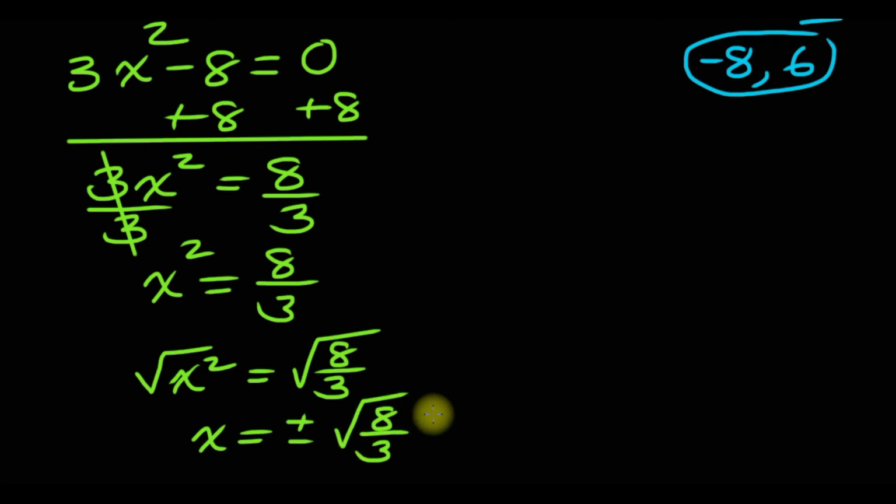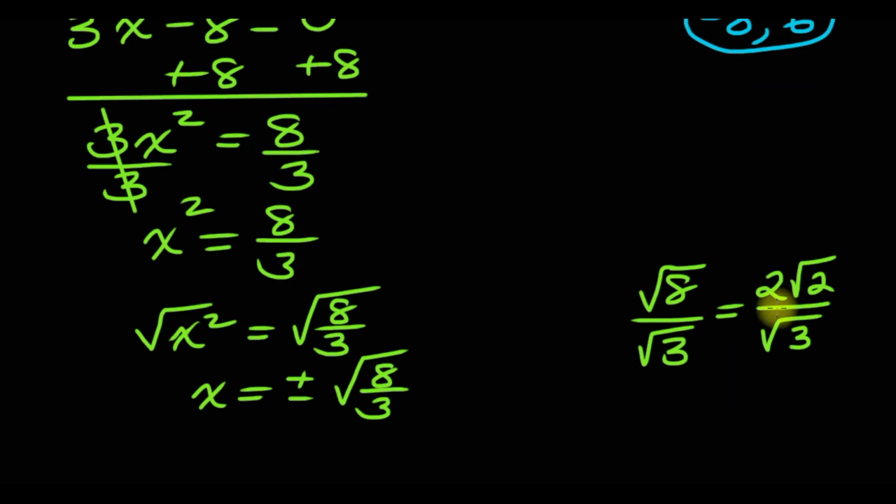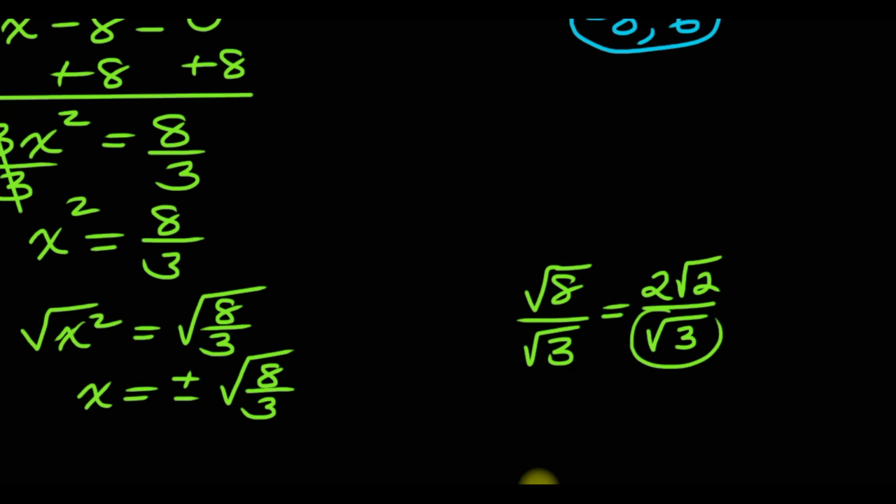Okay, so you're going to have to simplify this. So we split them up into square root of 8 over square root of 3. Now square root of 8 is going to be 2 square root of 2 all over square root of 3. You cannot have square root at the bottom, so you're going to have to rationalize it. So to rationalize, you would have to multiply top and bottom by square root of 3.